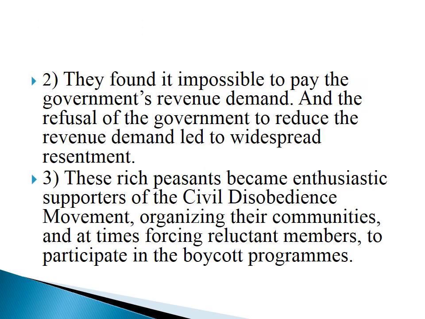They found it impossible to pay the government's revenue demand, and the refusal of the government to reduce the revenue demand led to widespread resentment. These rich peasants became enthusiastic supporters of the civil disobedience movement, organizing their communities and at times forcing reluctant members to participate in the boycott programs.